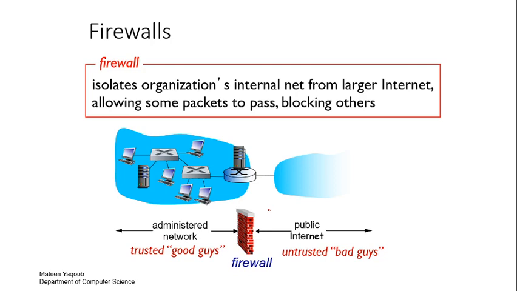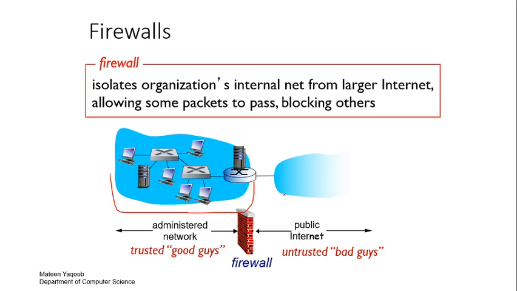The concept of a firewall is that it isolates the organization or internal network from the larger internet, and allows some packets to pass and blocks the rest of the packets. So this is your private network or your organization network, and it is connected to the public internet.